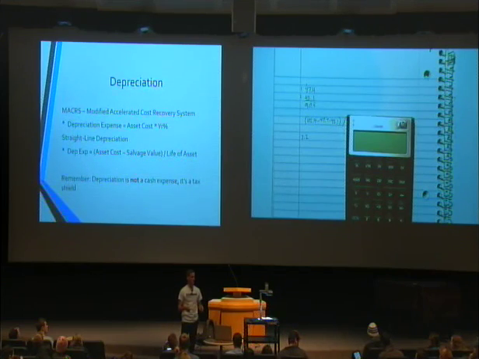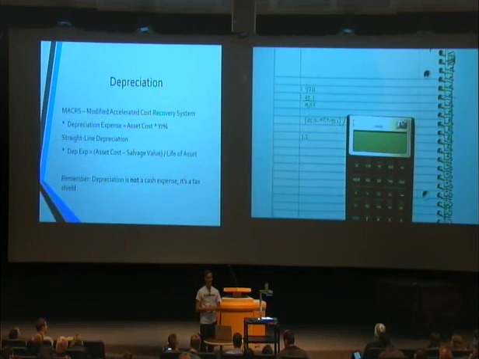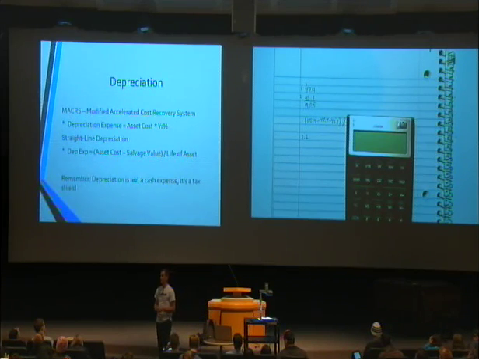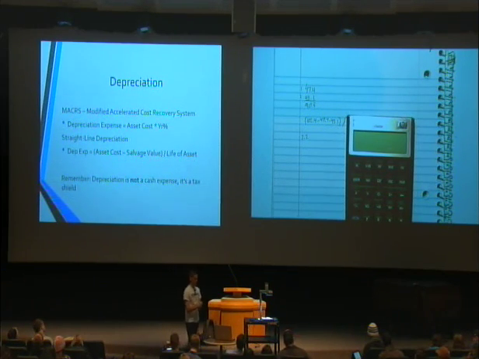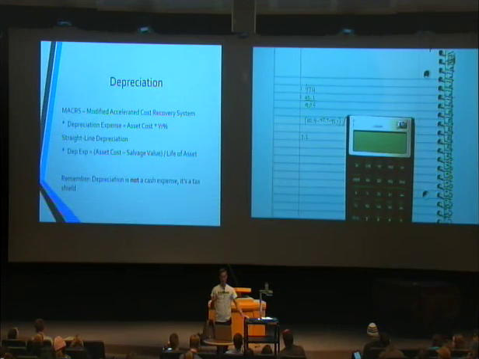Simplified straight line depreciation depreciates your asset to 0 by the end of the project. Regular straight line depreciation is to the salvage value, if there is a salvage value. Or I guess there's always a salvage value. Sometimes it's 0. So yeah, does that answer your question?